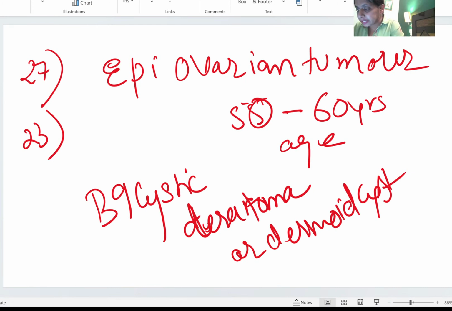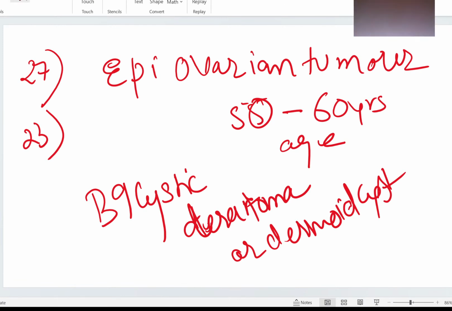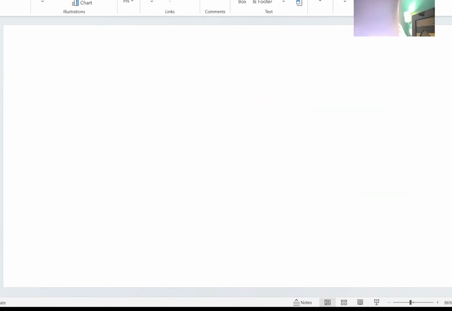Question number 20. Okay, here it is written that the patient had a history of ovarian cancer.